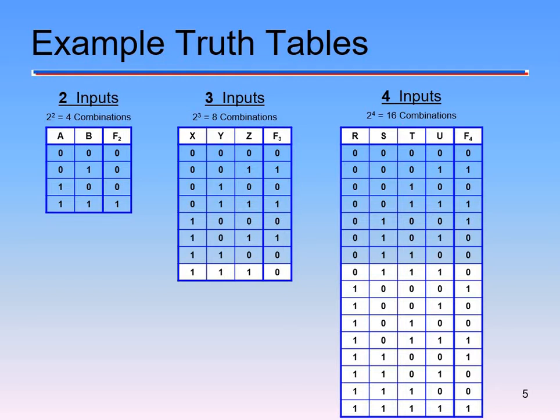But you need to write this table exactly as you see it for the inputs. If it's 2 inputs, you will see 0 0, 0 1, 1 0, and 1 1. You will always write it in that order exactly as you see it. Same with the 3-input table: you will write from 0 0 0 all the way up to 1 1 1. You must put everything in binary order. Same with the 4-input table, 0 0 0 0 all the way up to 1 1 1 1, and it must be written in the exact order that you see it in right now.